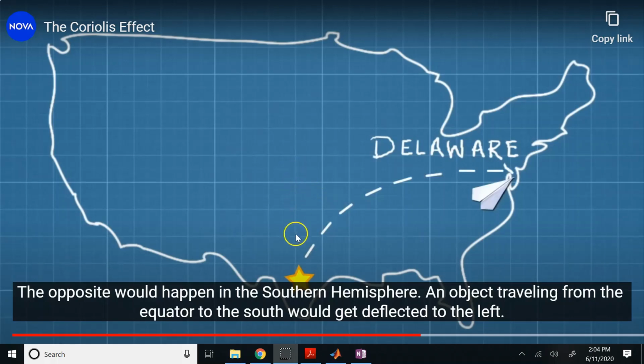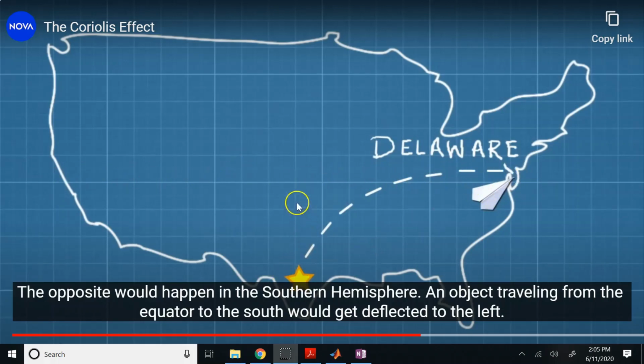And because of that, since it cannot get rid of that excessive angular momentum, when it goes north it has to rotate a little faster than other points on this latitude line, the same latitude as Delaware.